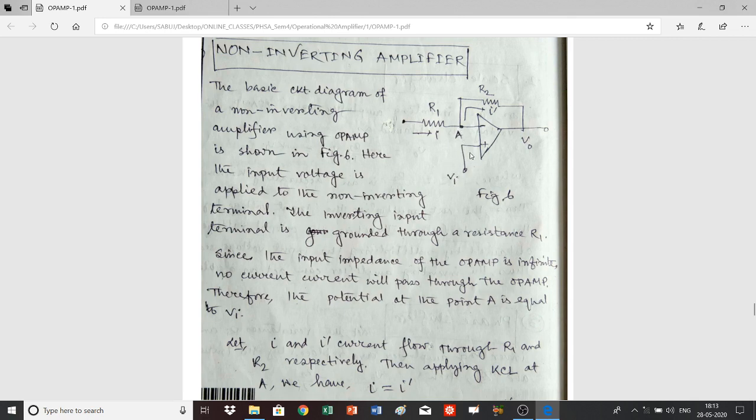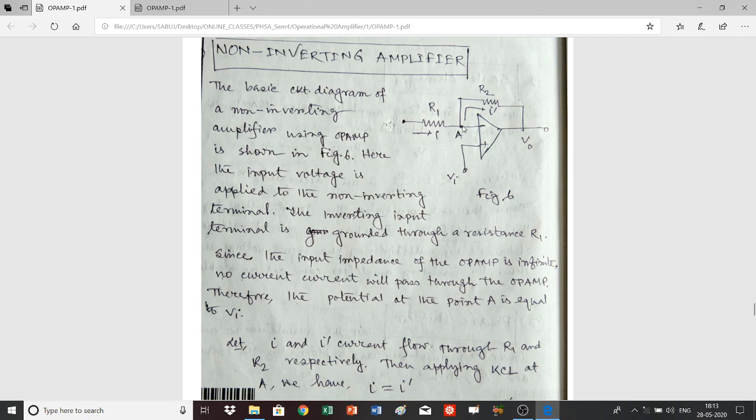You can understand it another way: since the input impedance of the op-amp is infinite or very high, no current will pass through it, and then the potential of the point A and Vi will be identical, or almost equal.